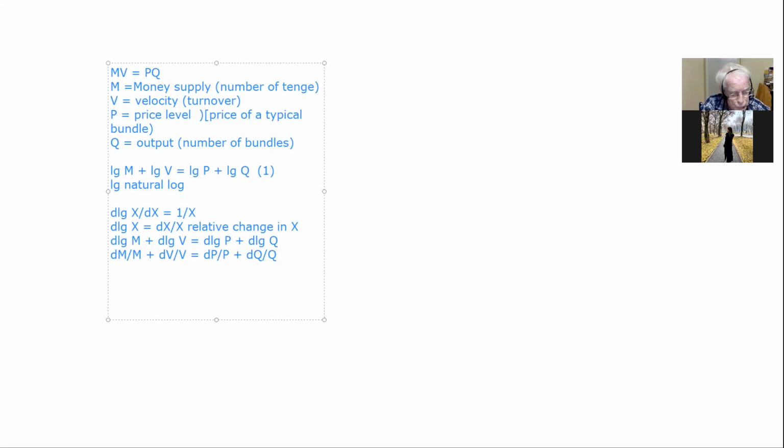Note that the rate of change in the price level is the rate of inflation. Suppose that velocity is stable, it does not change, so that the rate of change in velocity is zero. And also suppose that there is no change in output because we are already at the equilibrium level of full employment. In other words, we are already using all our machines and workers as efficiently as we can.